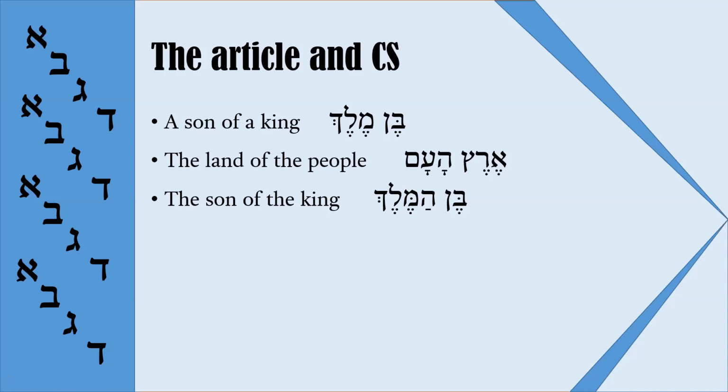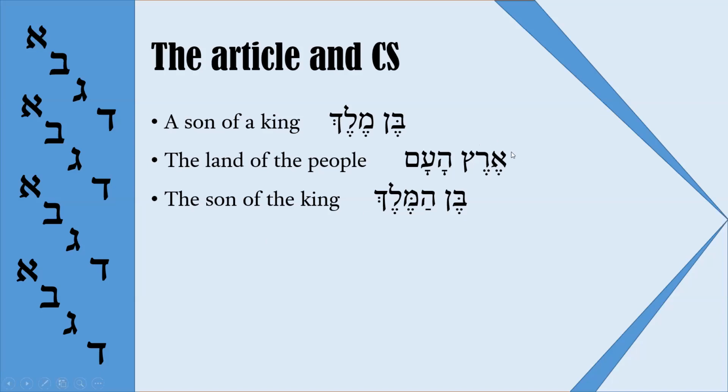We can see it only from the context, because we can see two words together, Eretz and Ha'am, and both of them are nouns. And if we have two nouns together, it is most probably the construct state. In this case, the first word is in the construct state, and the other word is in the absolute form.